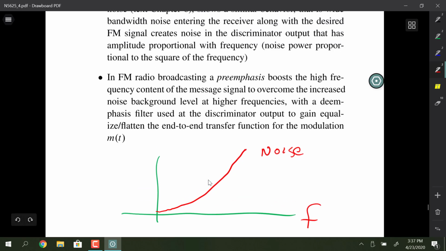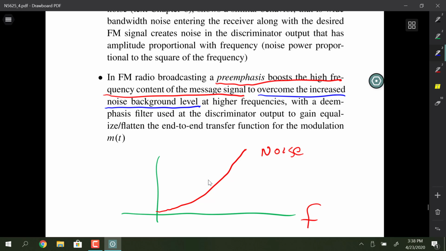And the way FM broadcasting does that is it pre-emphasizes or boosts the high frequencies. And it's doing that to overcome the increased noise background level at the higher frequencies. So that you can't get rid of the noise.